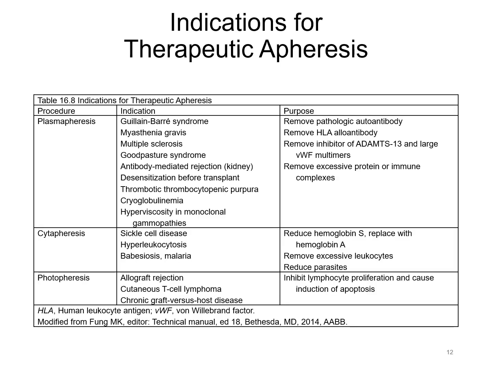So here we have a chart that just kind of lists some of the different procedures that would be done and why you would do those procedures and what's actually happening during that process.